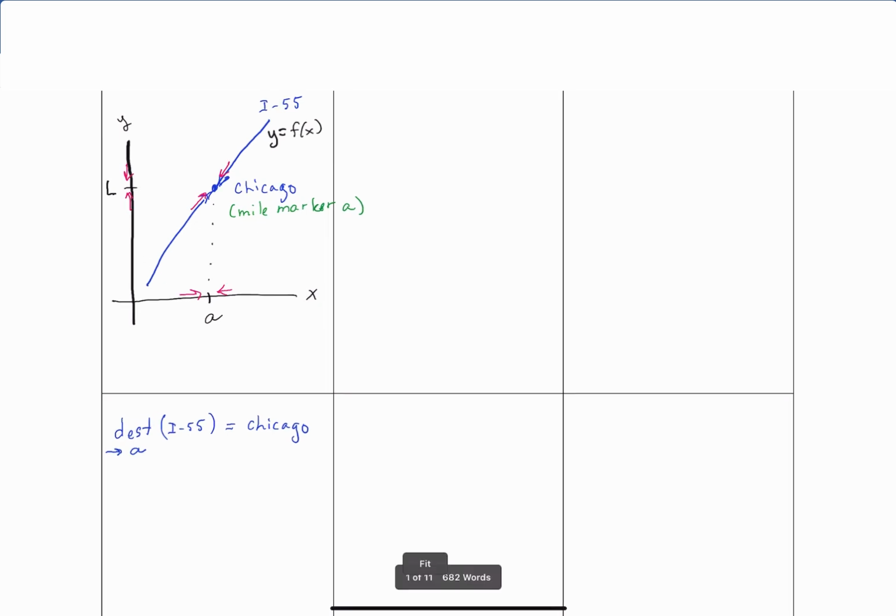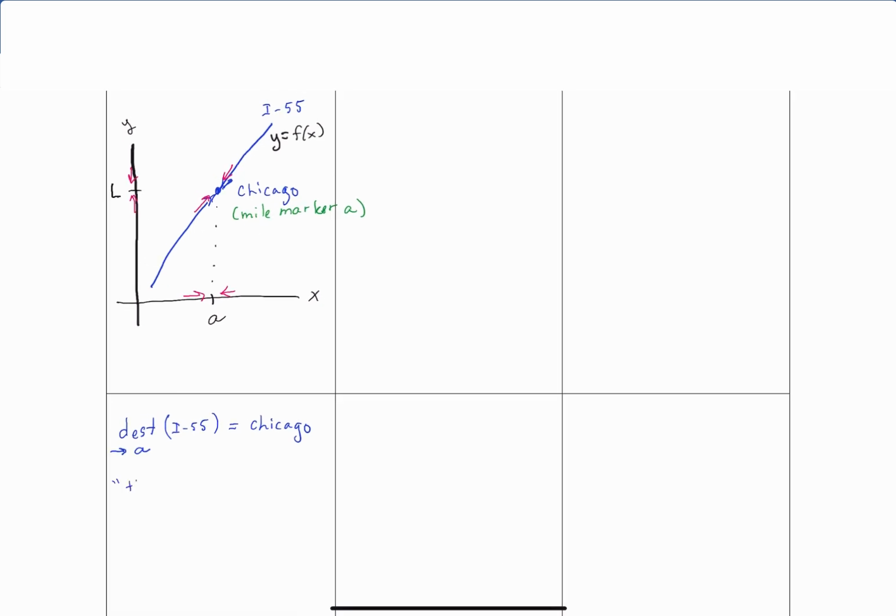So I could say something like the limit, remember that just means destination, as I approach x equals a along the graph of f of x, is L. So the destination is the y value.